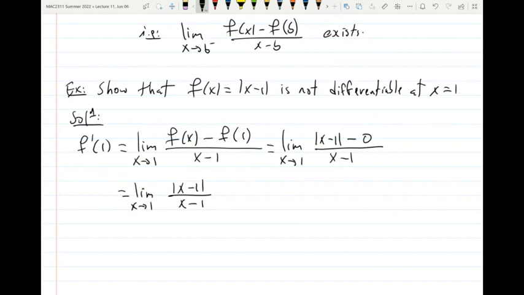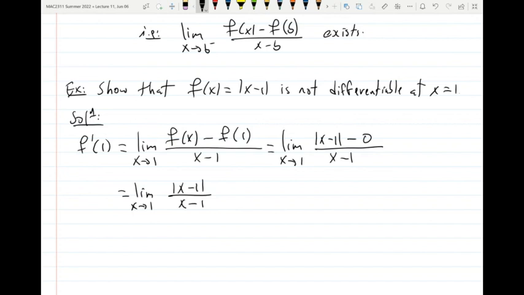What do we need to do? What do we do here? We need to look at side limits. Why is that? If you try to plug in, you get 0 over 0. So plugging in is not a good option here. So the idea is let's try to get rid of this absolute value, right? And to get rid of the absolute value, you need to know the sign of what's inside.